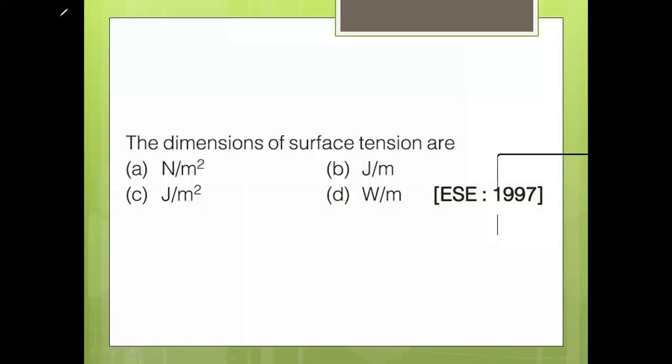Yesterday, I showed you how to find its dimension or unit. In the chat box, I think students have given the answer. Okay, option C, yeah, correct answer.